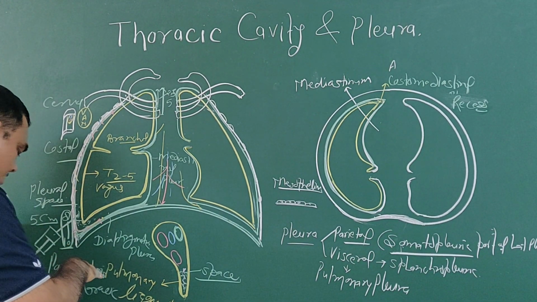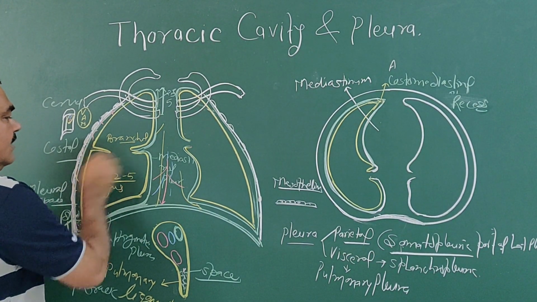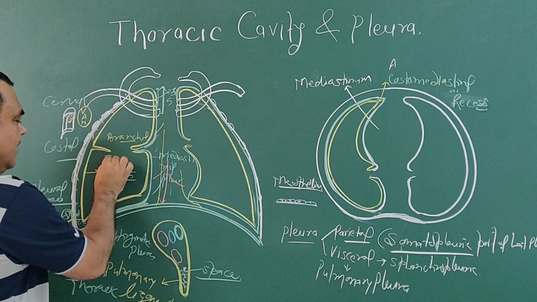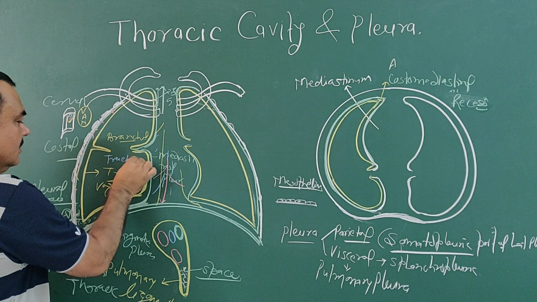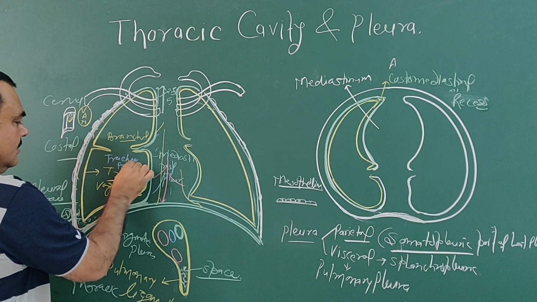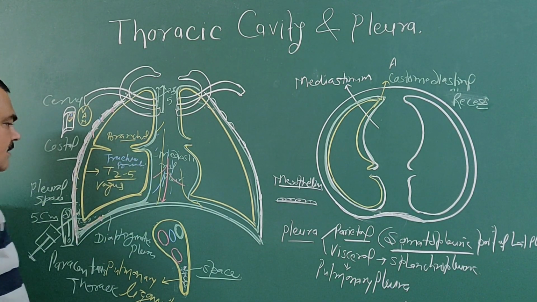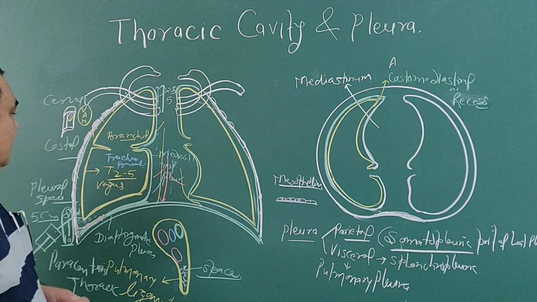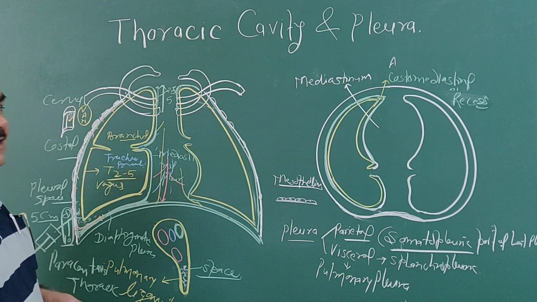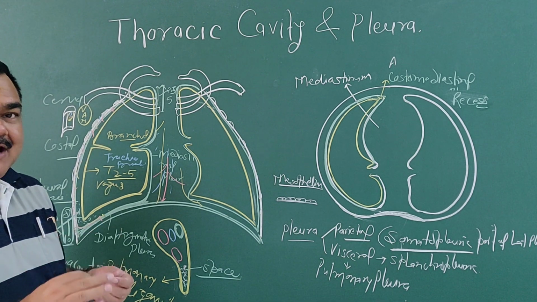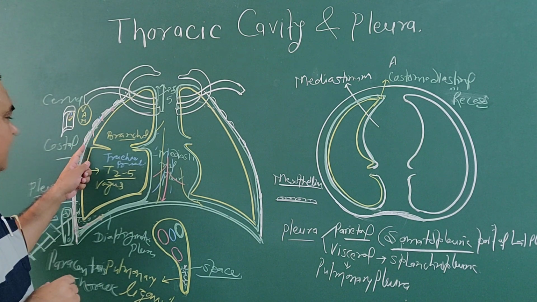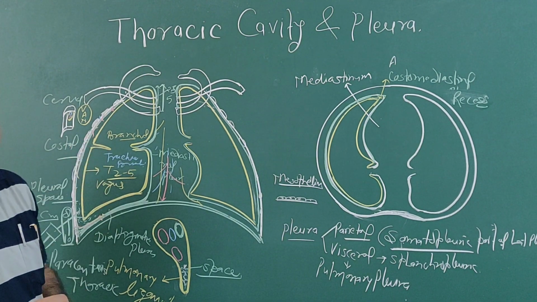And lymphatic drainage is to the tracheobronchial group of lymph nodes lying here. So these are the nerve supply, arterial supply, venous drainage, lymphatic drainage of the parietal and visceral pleura.